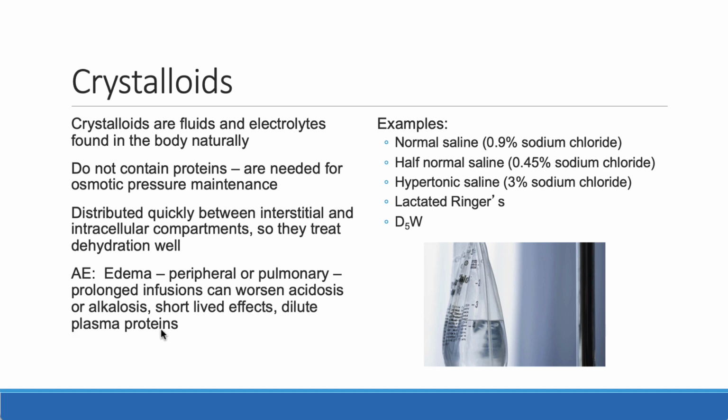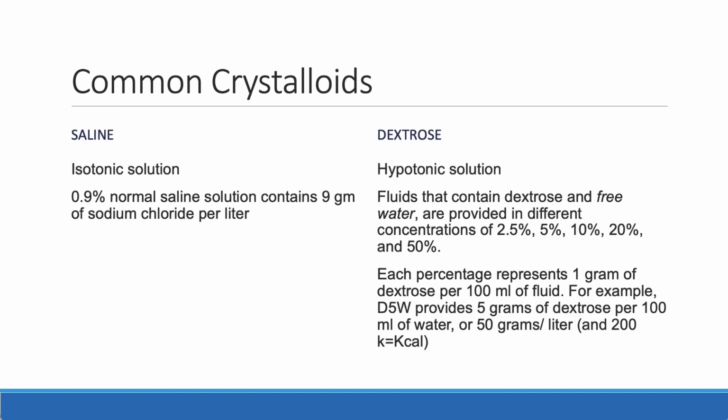And what happens if the plasma proteins like albumin are really low or diluted? Well, then we have low oncotic pressure. And what happens when we have low oncotic pressure? Fluid leaks out of the intravascular space and goes into the interstitial space or the third space. Okay?